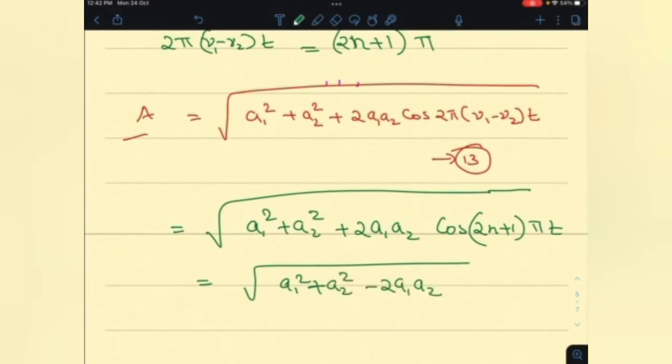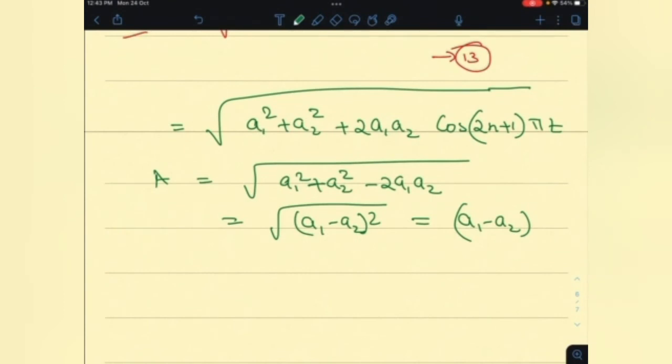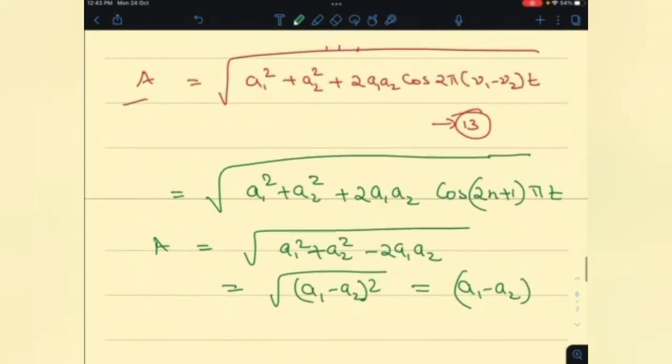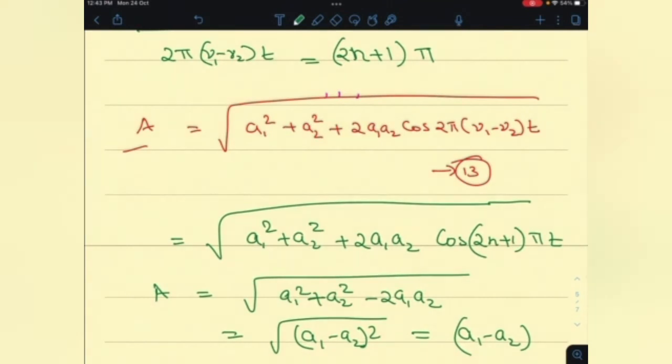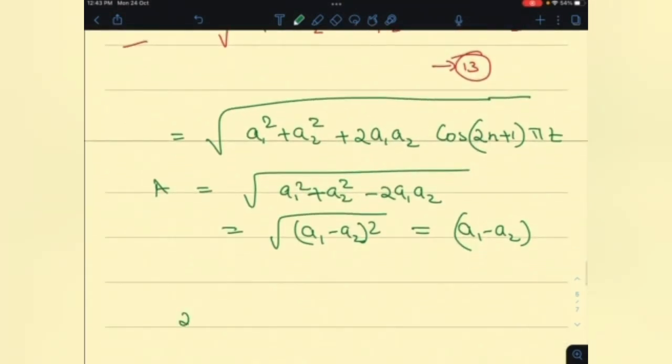So the condition for minimum amplitude is 2π(ν1 − ν2)t = (2n + 1)π, or t is equal to (2n + 1) divided by 2(ν1 − ν2).